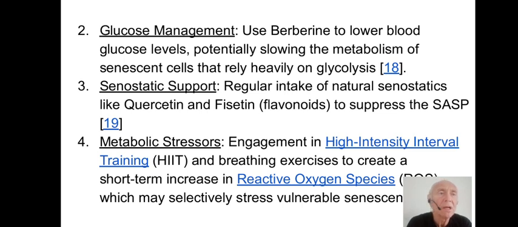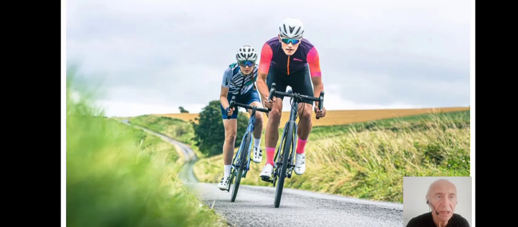Metabolic stressors: high intensity interval training and breathing exercises to create a short-term increase in reactive oxygen species, which may selectively stress vulnerable senescent cells and cancer cells. Again, I use cycling, like high intensity interval training.